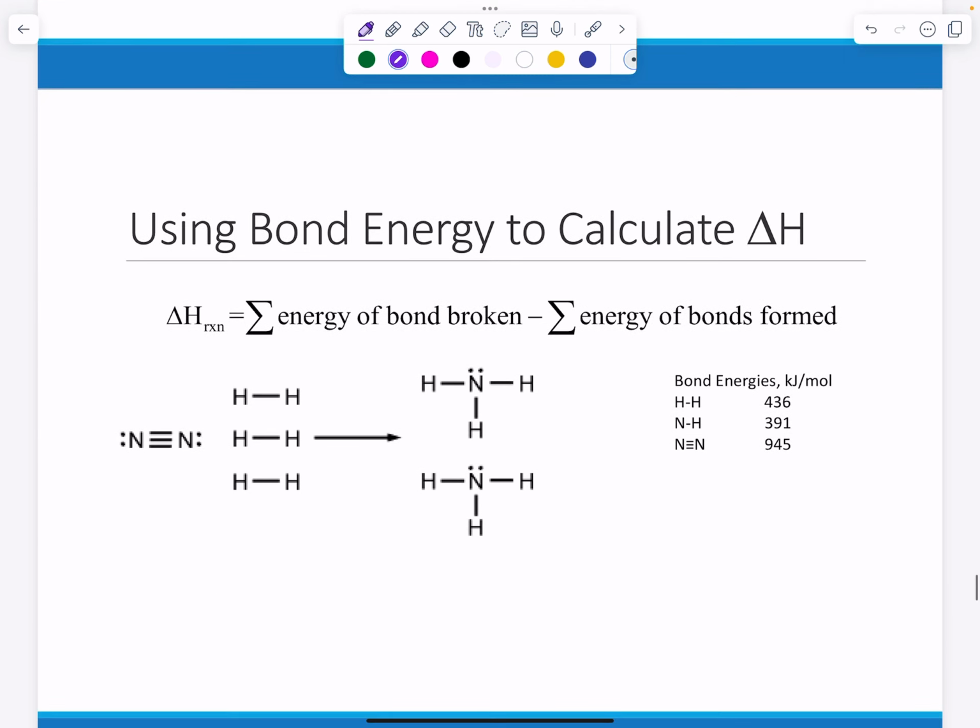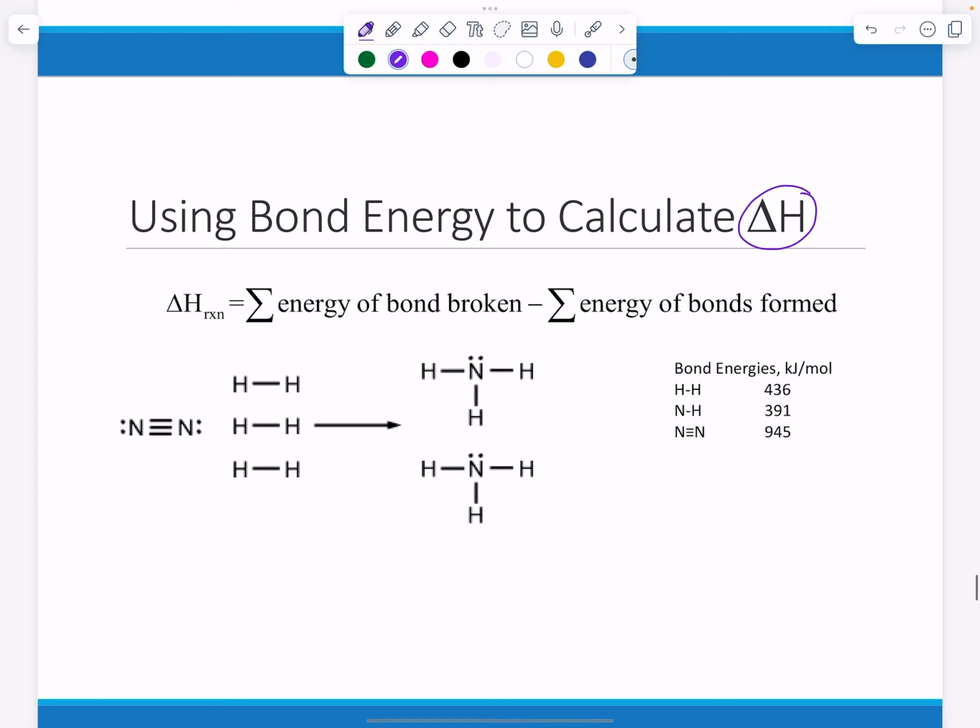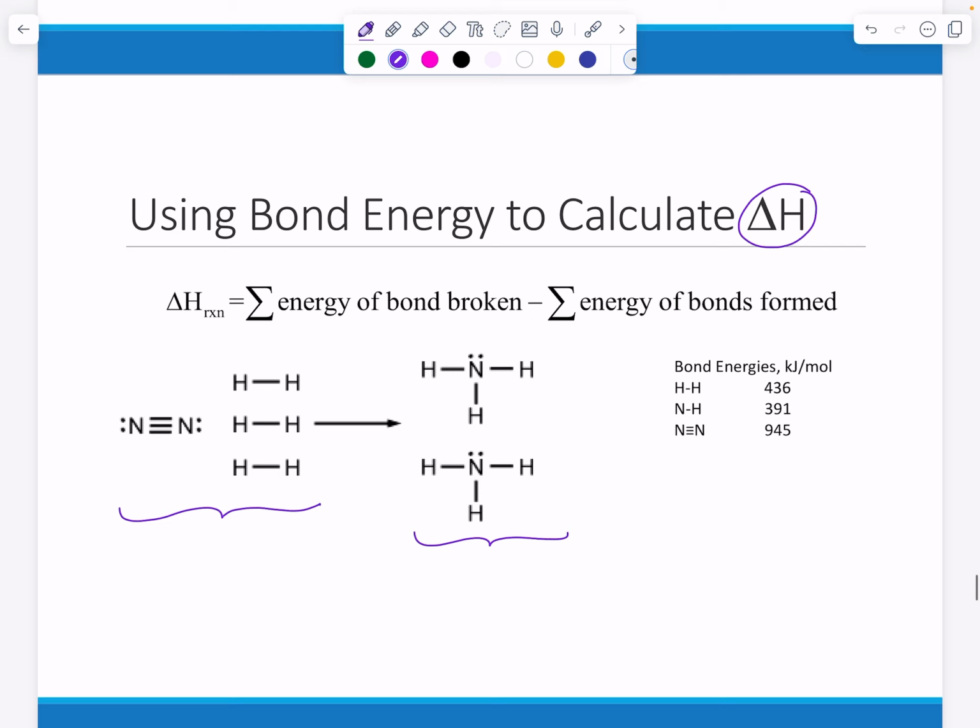All right, so we can use bond energy to calculate the overall energy of a reaction by looking at the energy of the bonds broken and the energy of the bonds that are formed. If we look at this example here, let's look at what types of bonds are broken and which types of bonds are formed. In order to make these compounds here, we are breaking this, and we're breaking this and this and this.